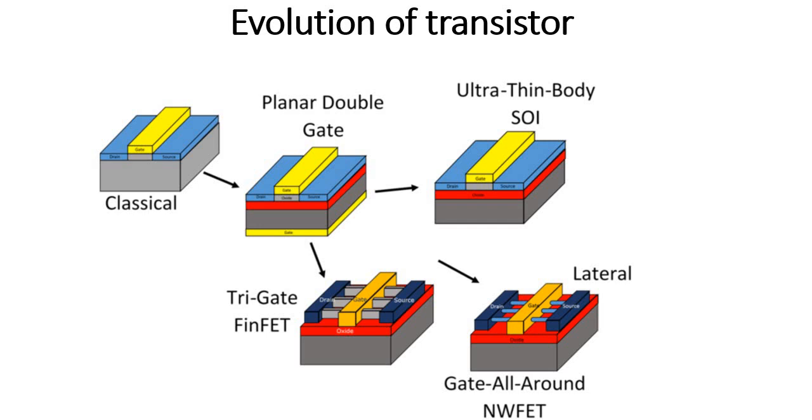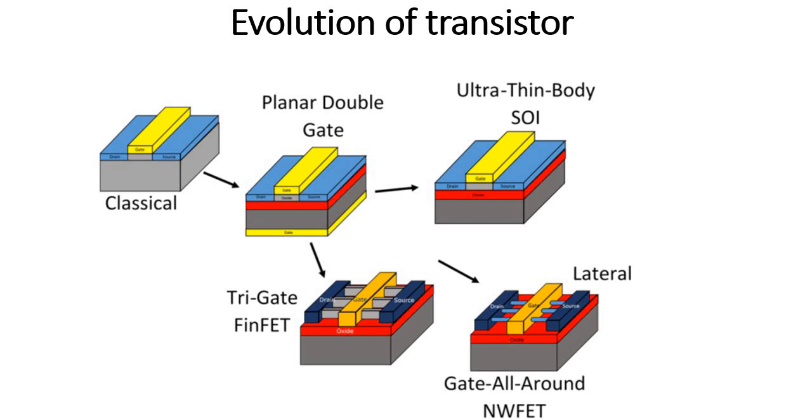So we all know that the transistor has been derived from vacuum tube transistor to the latest transistor, that is, you can say FinFET transistors. FinFET is basically used in all the technologies nowadays present. Now, apart from the FinFET, we derived from planar double gate transistor.